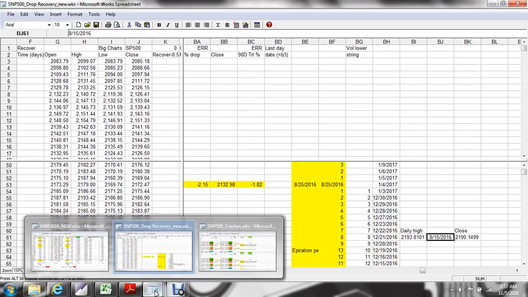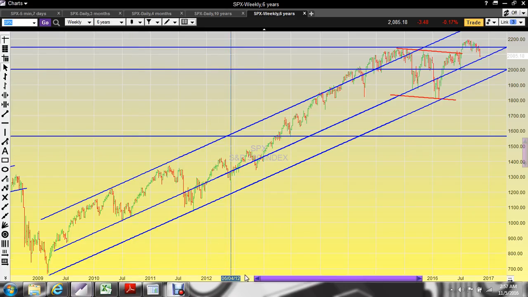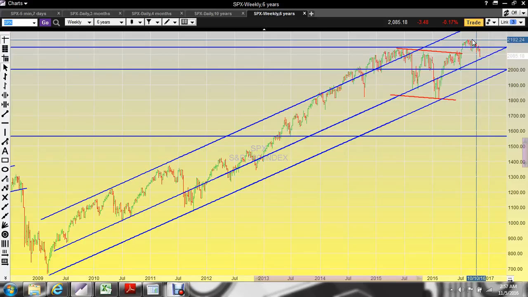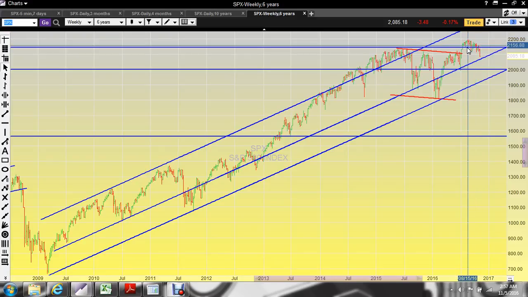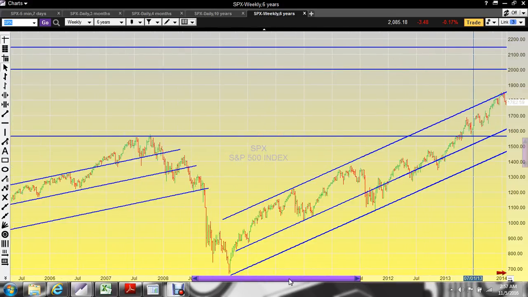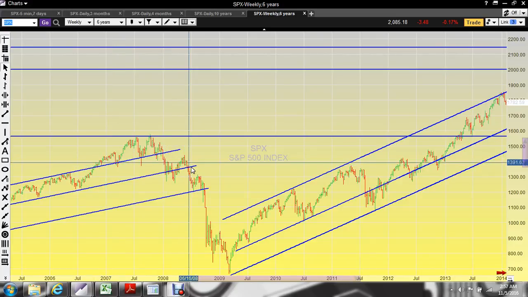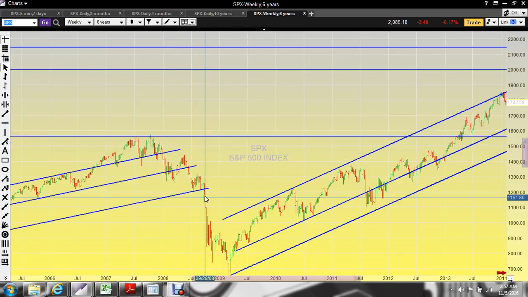Those are a few of the things I'm seeing, and we're going to go back to this chart for a second. If the market were to turn lower here, it kind of looks like we're seeing the same pattern. It broke above the upper trend line, it failed in a rebound, and now it's starting to turn lower.